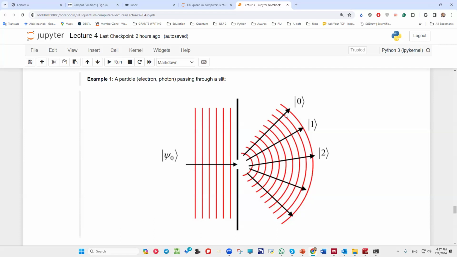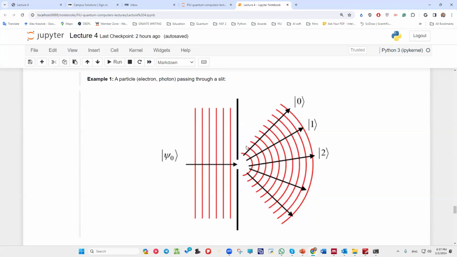And before measuring the particle, the electron, in which state the electron is, I have to take into account all these possibilities. So my electron after the slit can go either way. And in fact, it's an infinite number of directions.